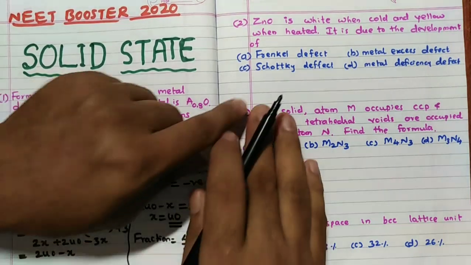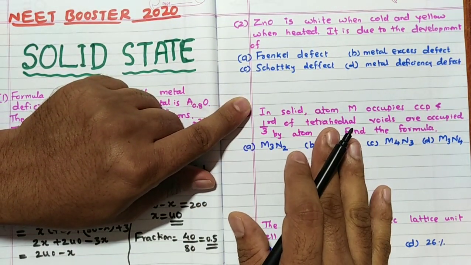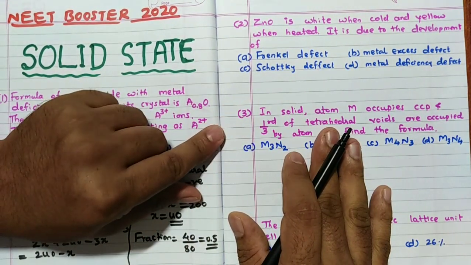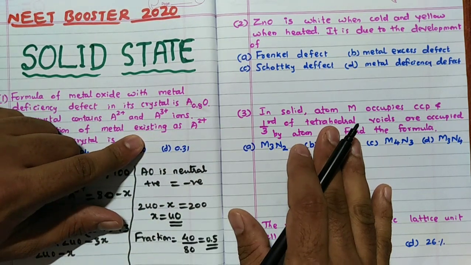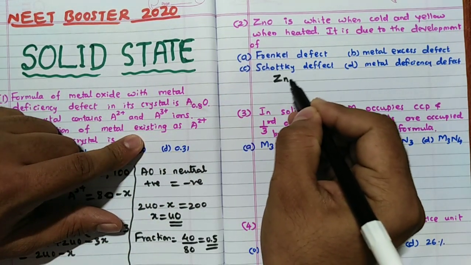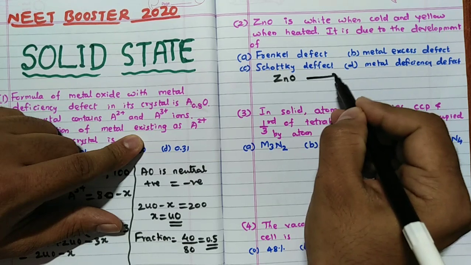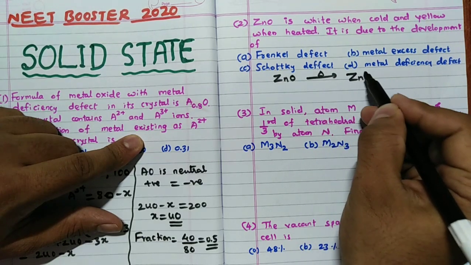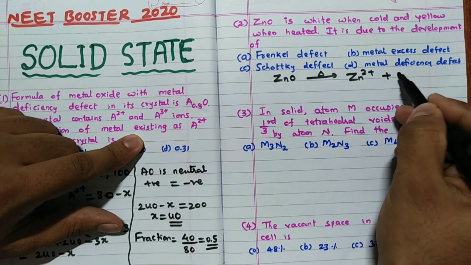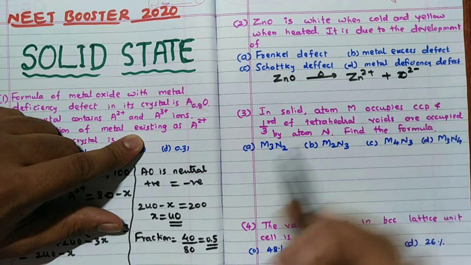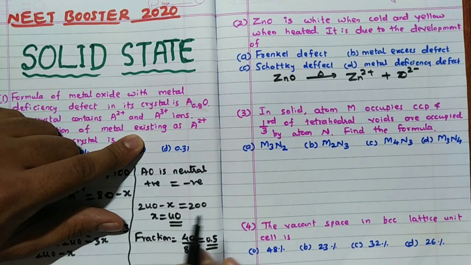Then, ZnO is white when cold and yellow when it is heated. It is due to the development of. So actually what happens, ZnO on heating gives rise to Zn2+ and O2-.